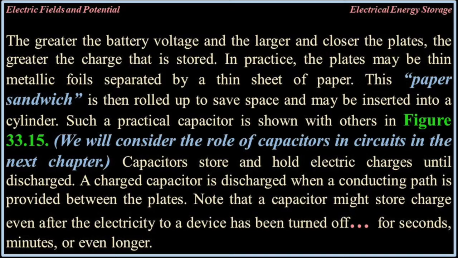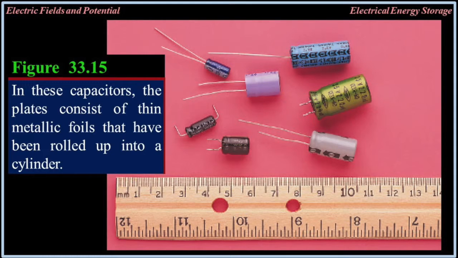In practice, the plates may be thin metallic foils separated by a thin sheet of paper. This paper sandwich is then rolled up to save space and may be inserted into a cylinder. Such a practical capacitor is shown with others in Figure 33.15. We will consider the role of capacitors in circuits in the next chapter.